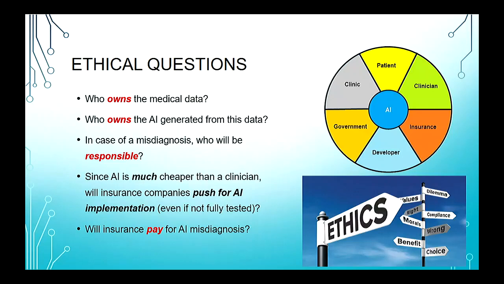So the question is, will insurance companies pay for AI misdiagnosis? That's a big, big question. Who's going to pay if an AI misdiagnoses somebody? These are questions that are not answered, and I don't think they're going to be answered anytime soon because there are a lot of stakeholders in this field.